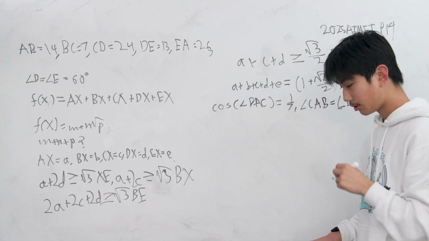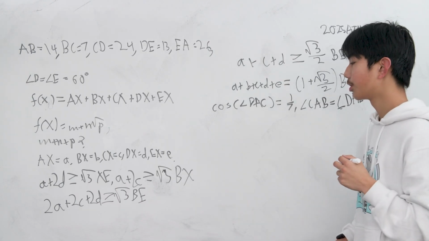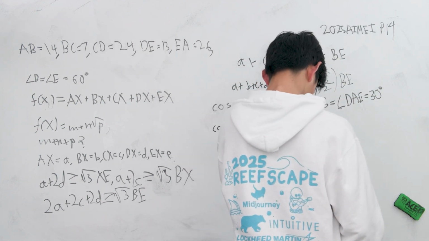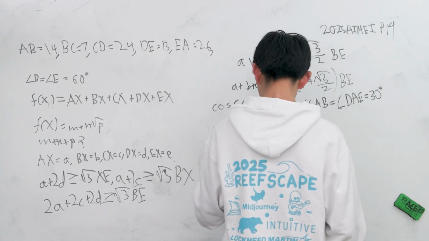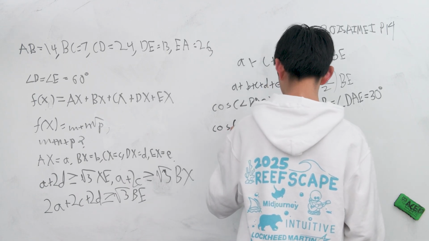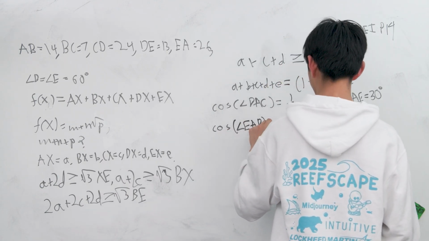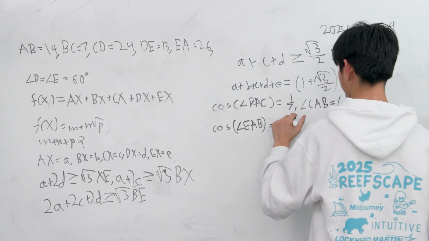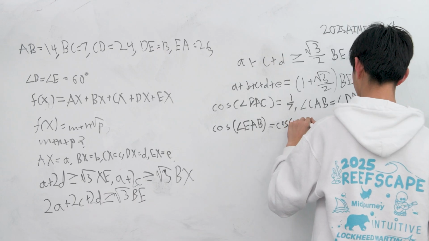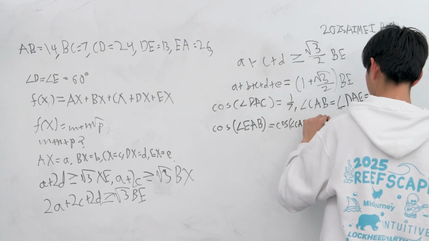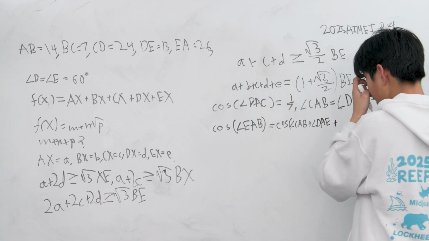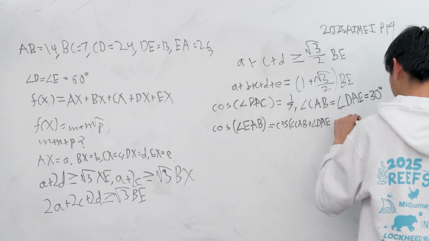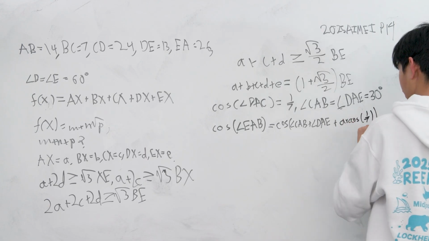So in order to eventually find our answer, we want to find the cosine of angle EAB, which is cosine of the sum of these two angles: angle CAB plus angle DAE plus the arc cosine of 1 over 7.